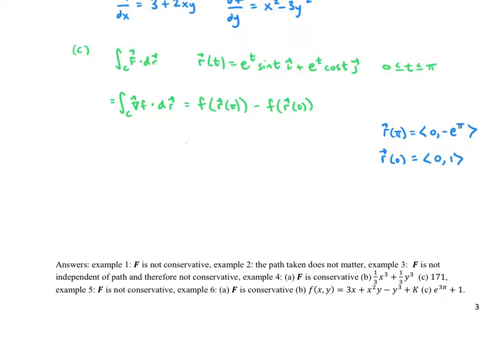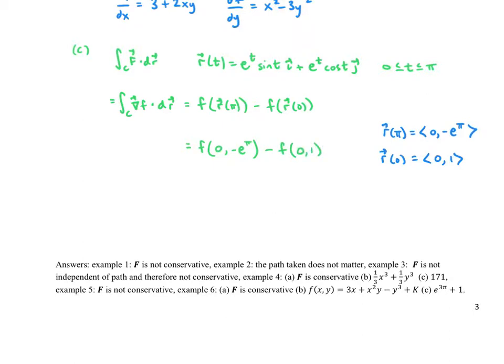All right, so then that gives us f of, so r of pi was 0 and negative e to the pi. Remember, what we're getting then is our x value, which is 0, and our y value, which is negative e to the pi, and then subtracted by f of 0, 1.